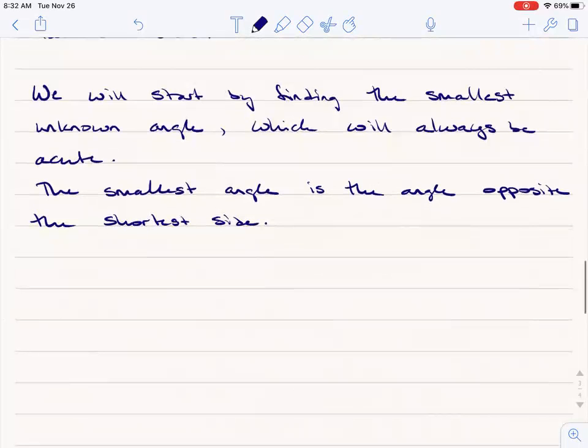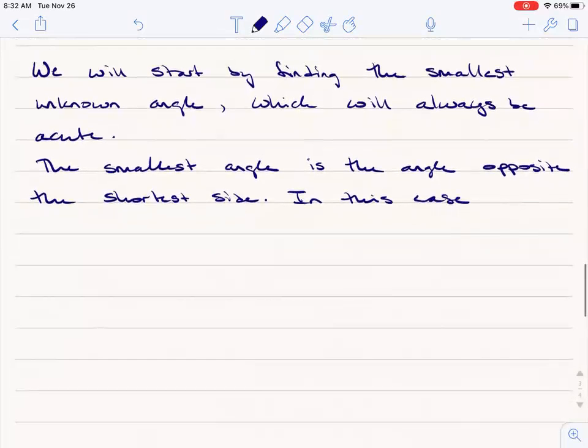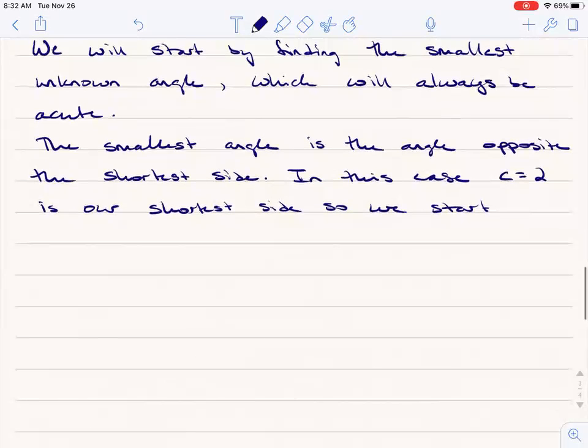Okay. In this case, C equals 2 is our shortest side. So we start by solving for gamma.